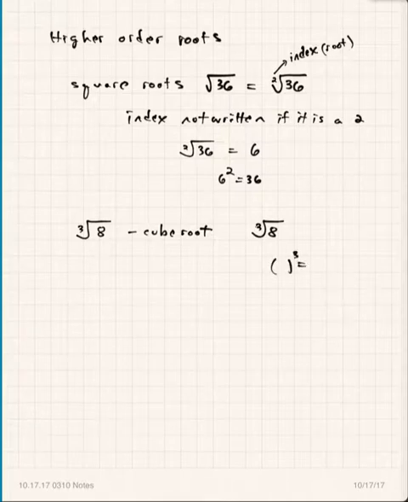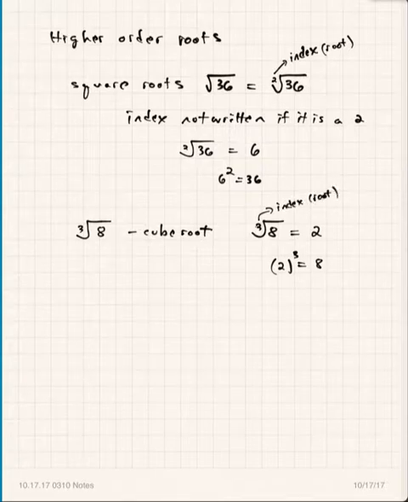So that number is 2, and so we say that the cube root of 8 is equal to 2. The 3 in this case is the index for that radical.